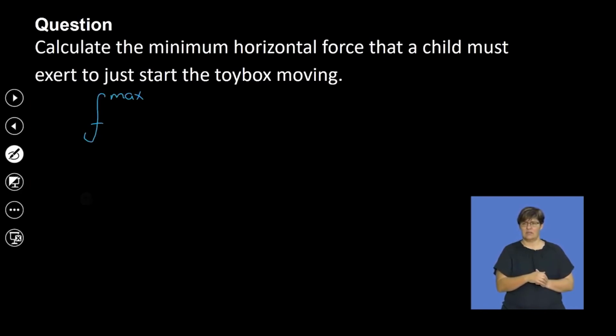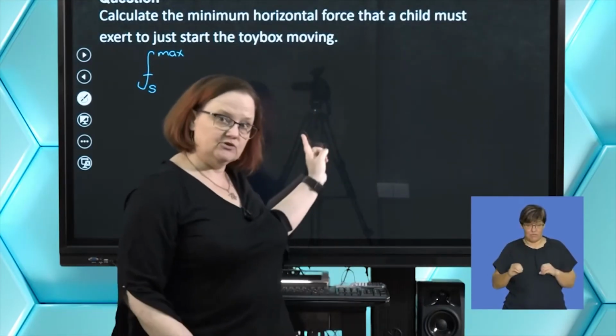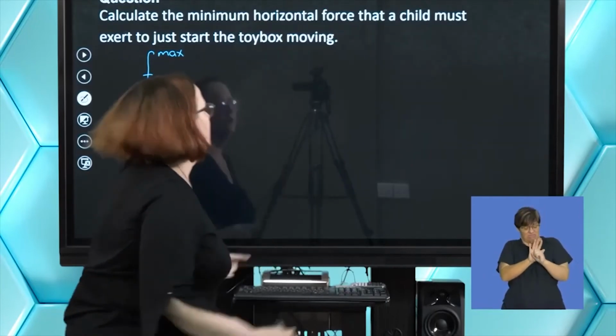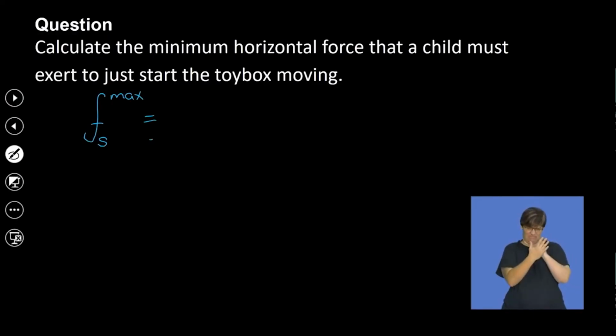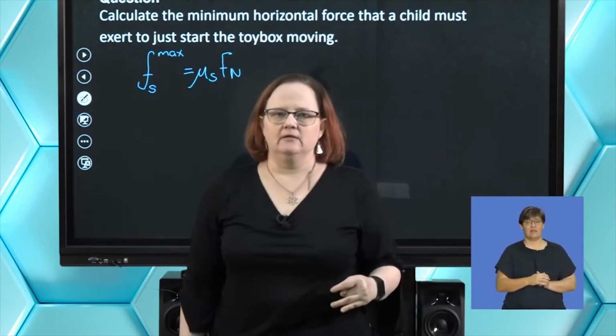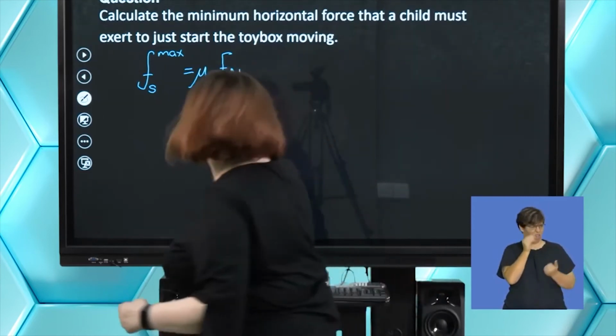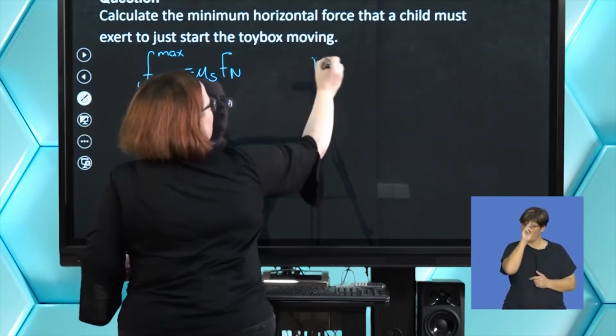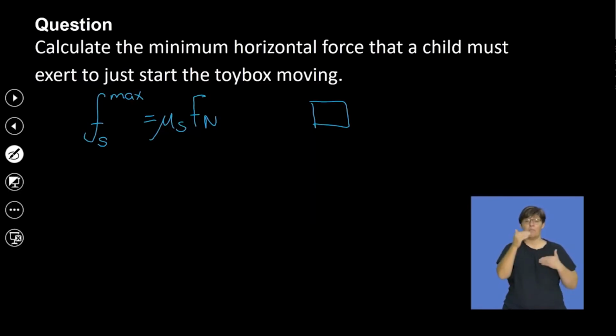So they're going, I need to know maximum static friction because as it just starts to move, my applied force is equal to my maximum static friction. We know that that's going to be mu s Fn. Hopefully you're now going, but we don't know Fn. Of course we do. Remember, toy box, okay, gravity acts down.